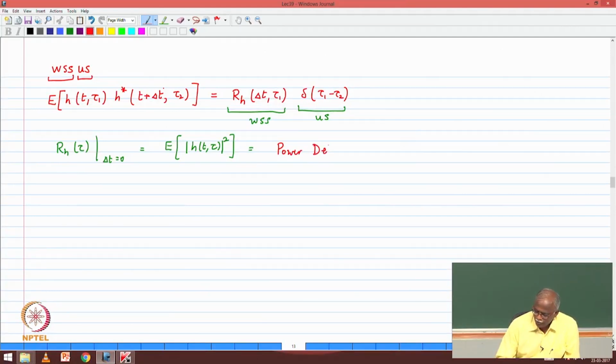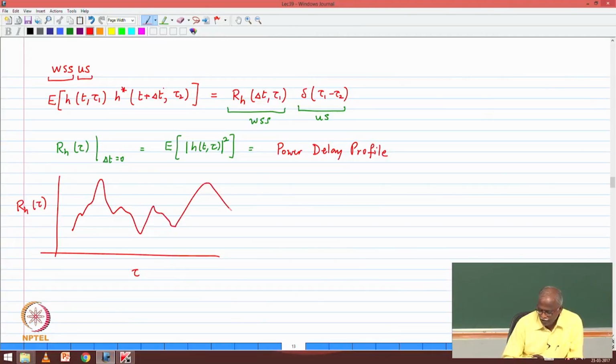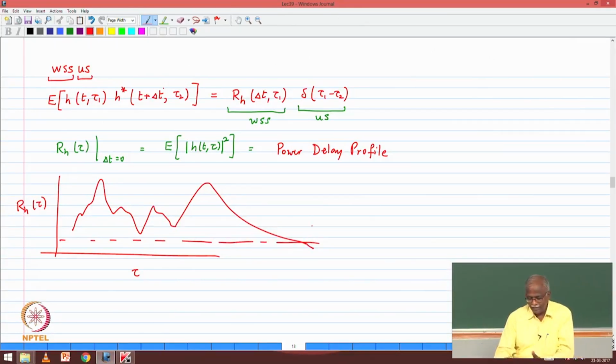Power delay profile. This is usually obtained through channel sounding, but again, R_H of tau as a function of tau just says where the multipath components are, where the strong ones are, and then eventually the multipath components die down below a certain threshold. This characterizes the multipath behavior of the channel.